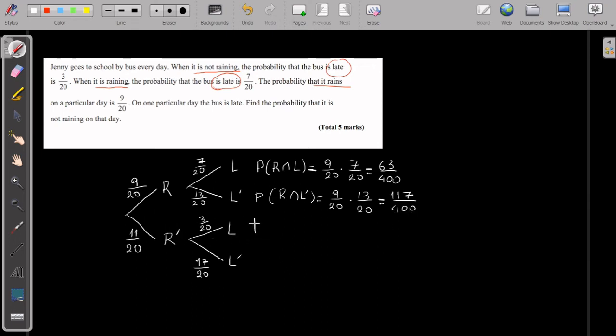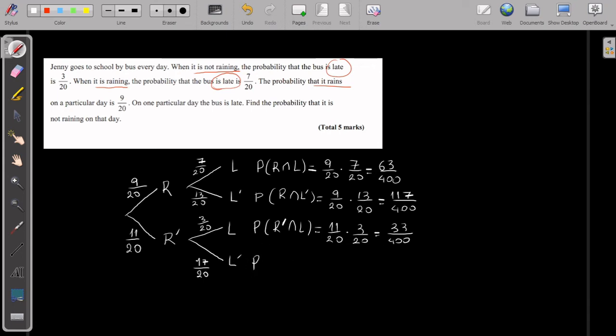Here, the probability of not raining and being late is 11/20 times 3/20, which is 33/400.